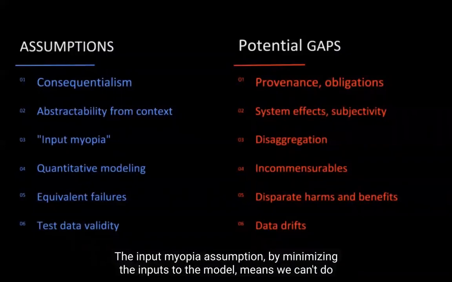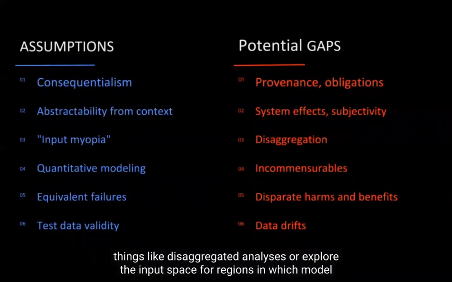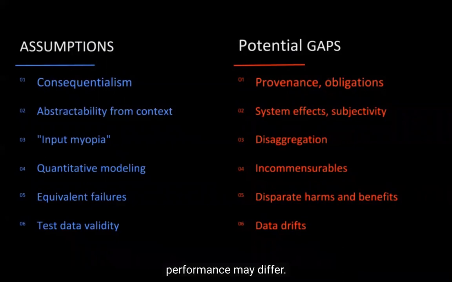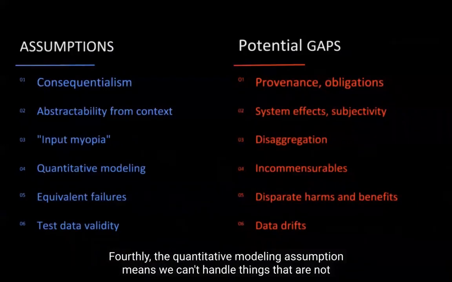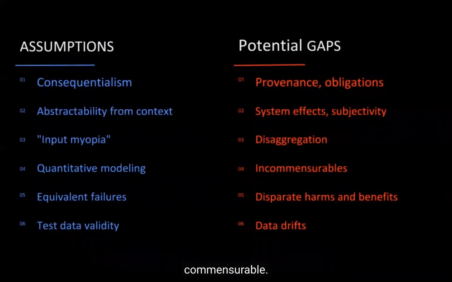The input myopia assumption, by minimizing the input to the model, means we can't do things like disaggregated analyses or explore the input space for regions in which model performance may differ. Fourthly, the quantitative modeling assumption means we can't handle things that are not commensurable.